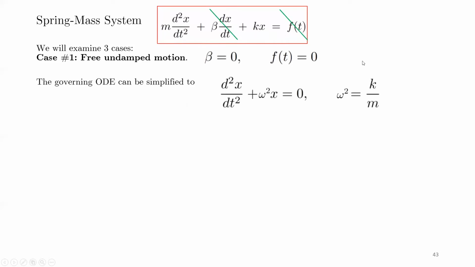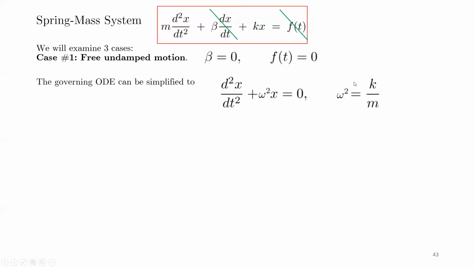Okay, and I can simplify that by dividing through by the mass here. So if I divide through by the mass, I get the second derivative of x with respect to t plus k over m times x equals 0. Here I'm just calling this ratio k over m omega squared. Okay, it's just a name.